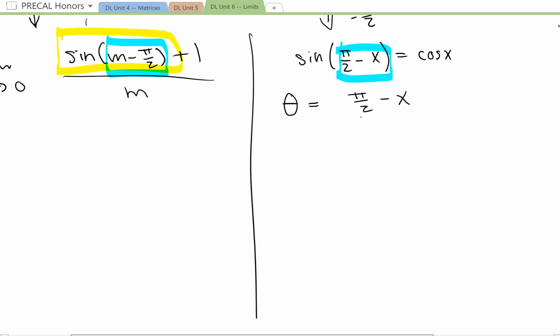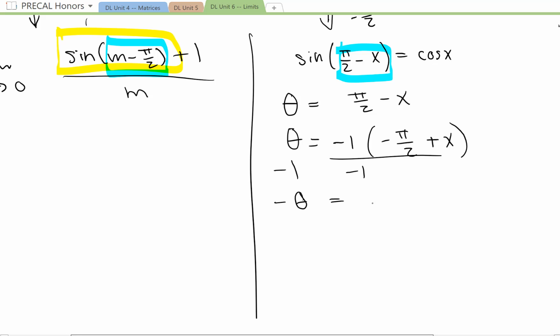So to rearrange the order, I'm going to factor out a negative 1. And then I'm going to divide by negative 1 on both sides. So negative theta is the same as x minus pi halves. Great.